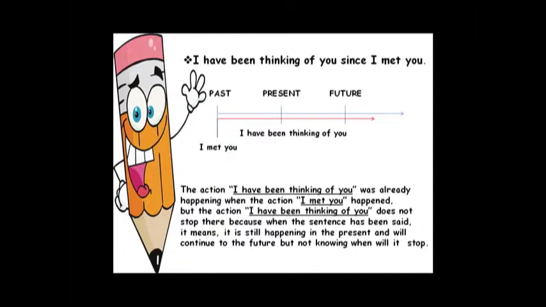This means that this action was already happening at some point in the past, but not yet completed, and still happening in the present, and will continue up to the future.